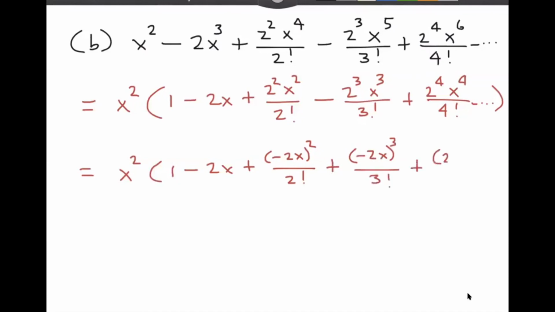So now I just have to look for a series that looks like this. Well, that kind of looks like the series for e to the x with the x replaced with a negative 2x. And so I think the sum of this series is the function x squared times e to the negative 2x.